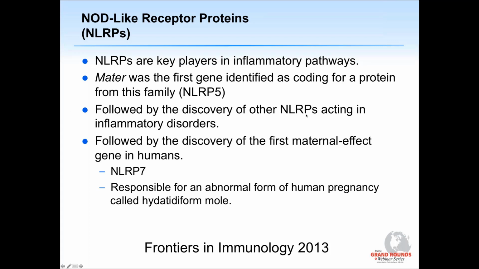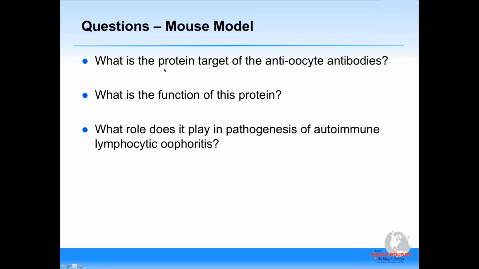It's followed by the discovery of other NLRPs acting in inflammatory disorders. And it's followed by the discovery of the first maternal effect gene in humans, which is NLRP7, which is responsible for an abnormal form of human pregnancy called hydatidiform mole that you're all familiar with. So the protein is Mater. Its function is a maternal effect gene, which is critical for reproduction.